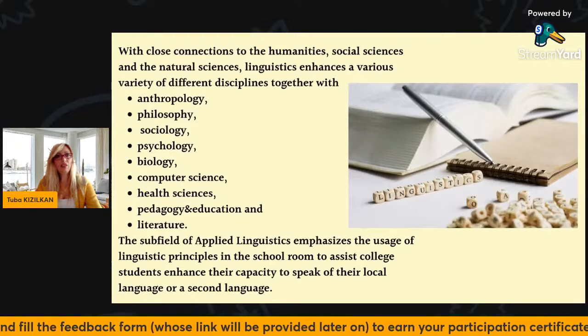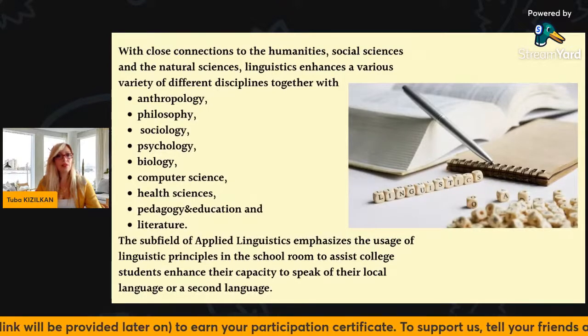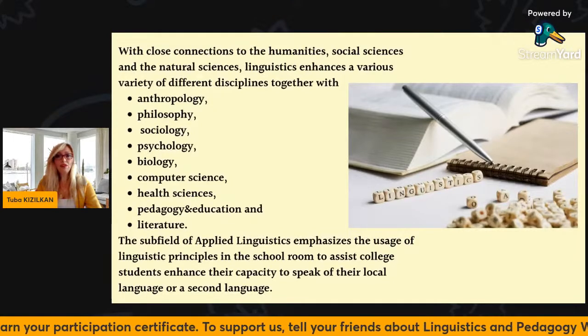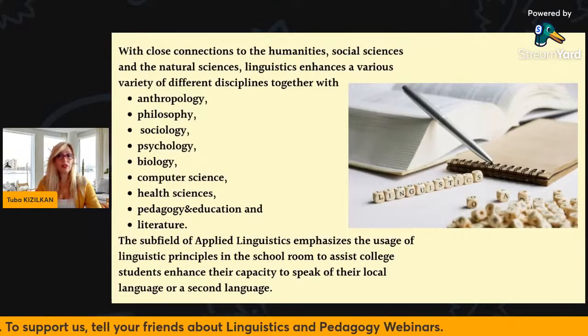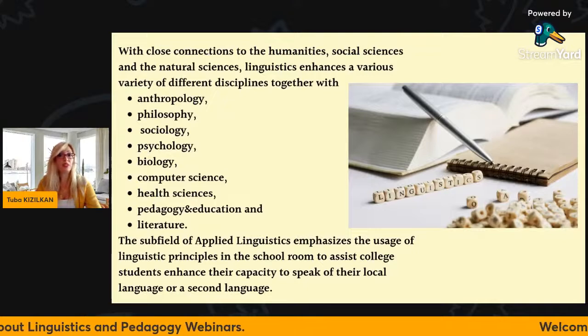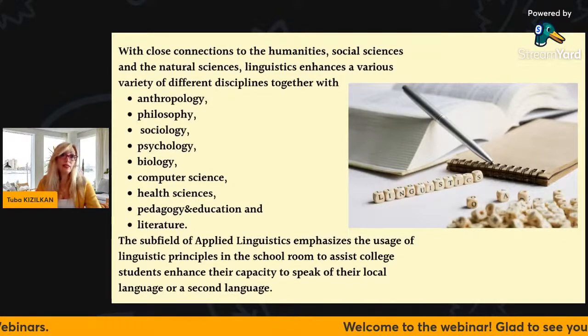Actually, you can add even more scientific fields. And the subfield of applied linguistics emphasizes the usage of linguistic principles in the schoolroom to assist college students enhance their capacity to speak their local language or a second language.